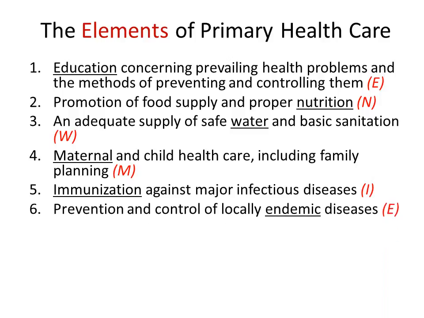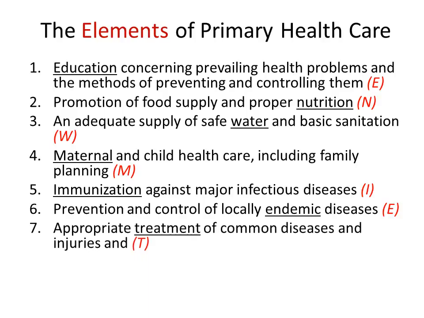Fifth, immunization. Sixth, prevention and control of locally endemic diseases. Point 1 included educating the local population regarding the locally endemic diseases. Point 6 is the measures taken by the administration for prevention and control of local endemic diseases. Seventh, appropriate treatment of common diseases and injuries, and provision of essential drugs, that is, medical care.